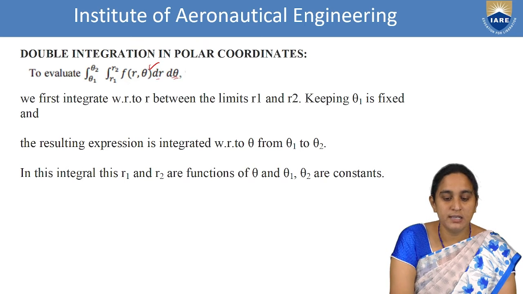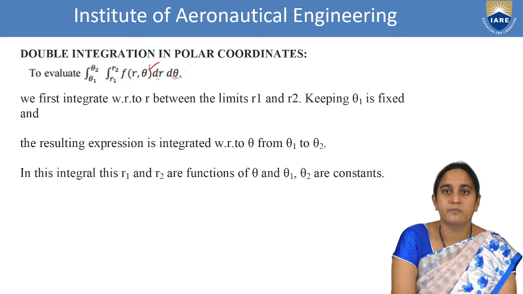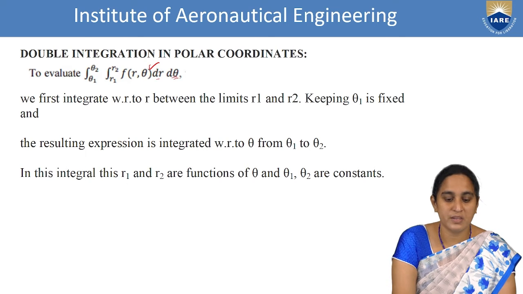We first integrate with respect to r between the limits r1 and r2, keeping theta fixed. After the integration with respect to r and substituting the limit points r1 and r2, we then integrate the function with respect to theta, and then substitute the angles theta 1 and theta 2.